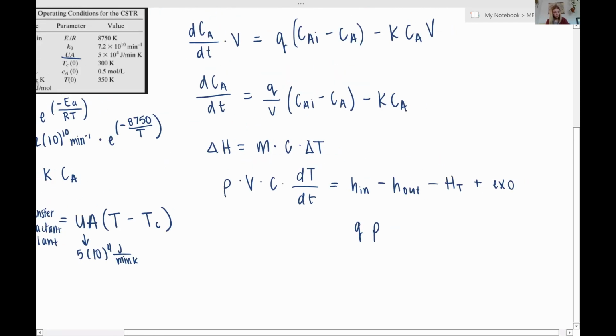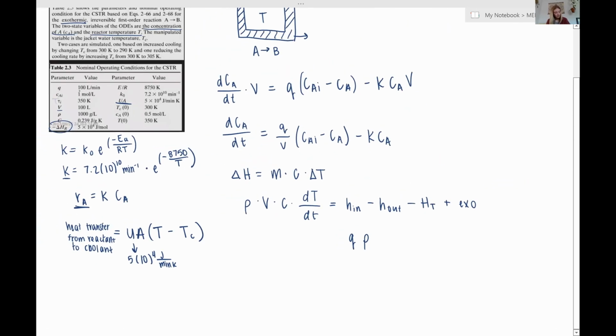So we're looking at units over here. We'll have liters per minute times our density of grams per liter. So we have right now grams per minute, but we also need to multiply by our specific heat and our change in temperature.